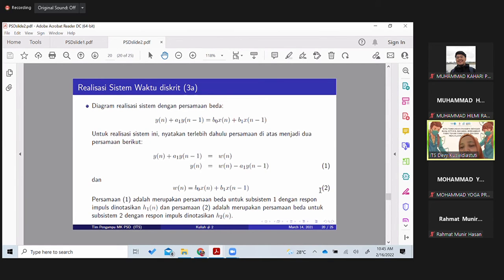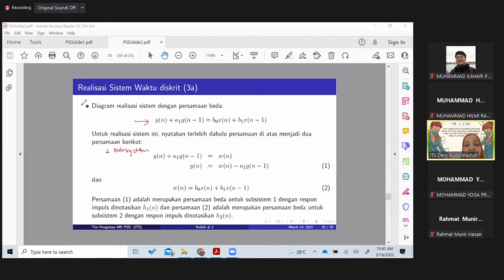You have to notice that this is the actual full differential equation for this system, and we try to divide this system into two subsystems.